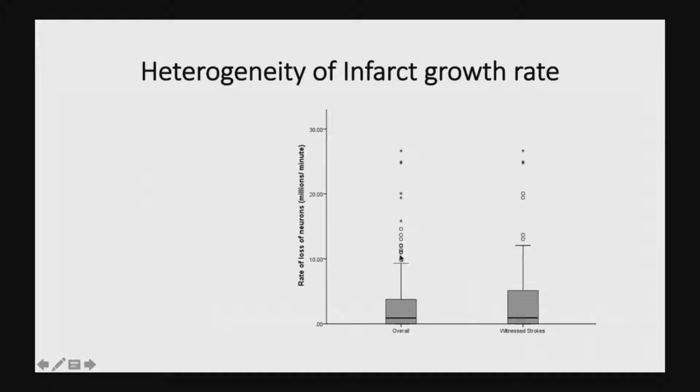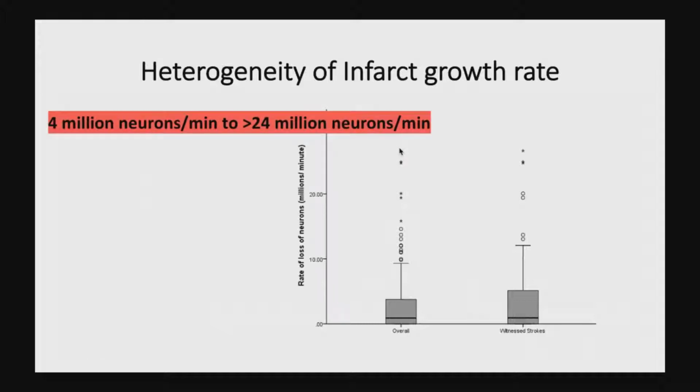So we have patients, the fast progressors, where the neuron death happens at a rate of about 4 to 24 million neurons per minute. And then we have the slow progressors, where the neuron death happens at a rate of about 15,000 to 1.7 million. So why is that?